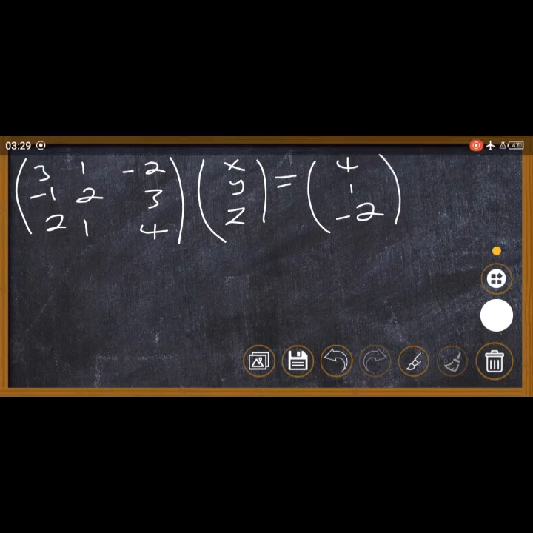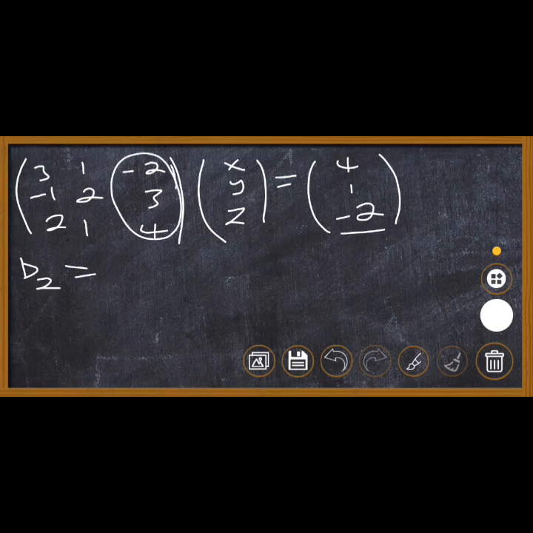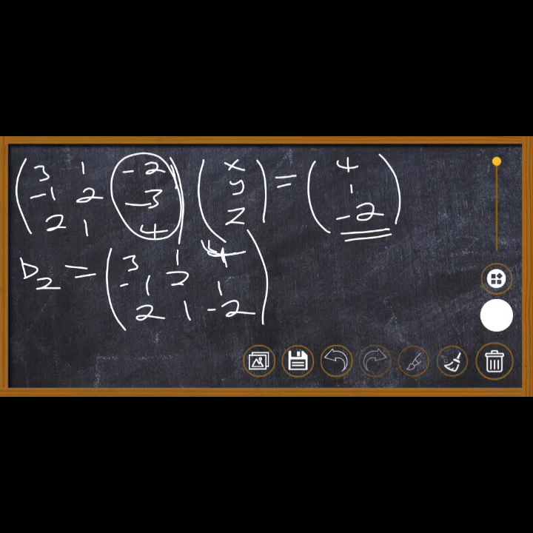It's just the same thing, so you may go ahead and find the value. For us to find dz, we are going to replace this with that. So we are going to have 3, negative 1, 2, 1, 2, 1. Where we have this, we are going to replace with this. So it's going to be 4, 1 there, and negative 2. So this is our matrix. We may simply go ahead and find the value of the determinant for this one.